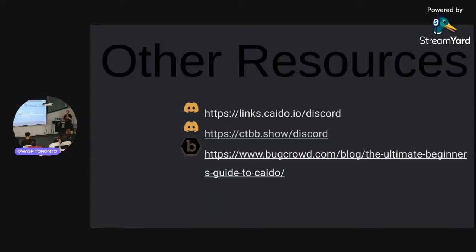Everyone in there uses Caido as well, so it's another way to get cool tips from people. And my friend Andrew created a really good blog, posted on Bugcrowd, on how to become the ultimate beginner to Caido. It's a really nice blog.